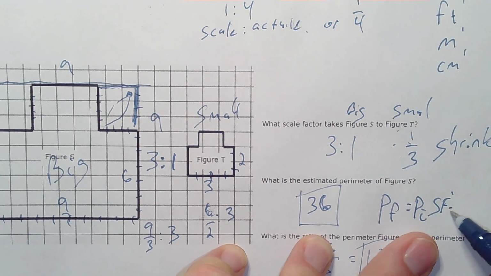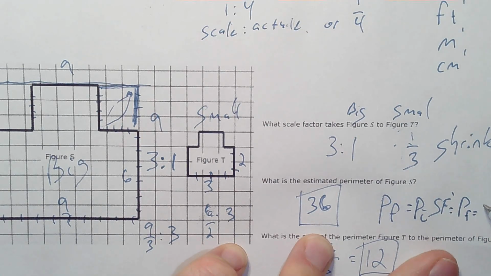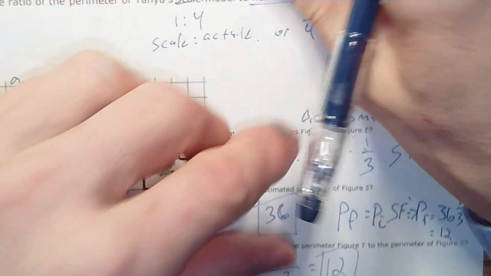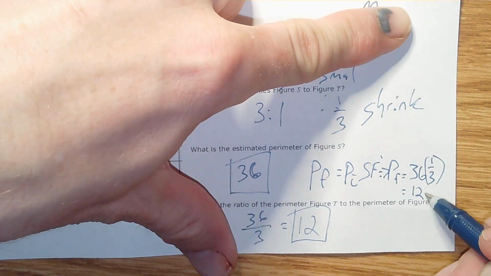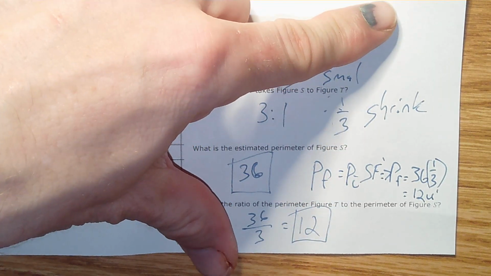It would be my perimeter final equals my perimeter initial, which was 36, times 1/3, which equals 12. And this is unitless, so it's just 12 units to the first. Okay, so there you go. We'll get to that a little bit more in detail in the next one.